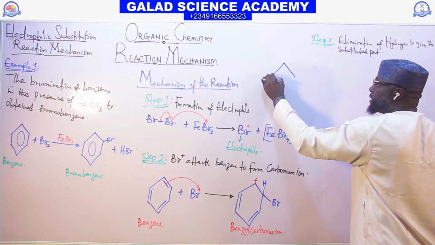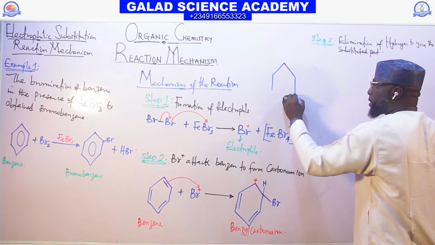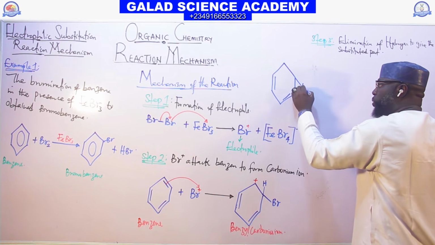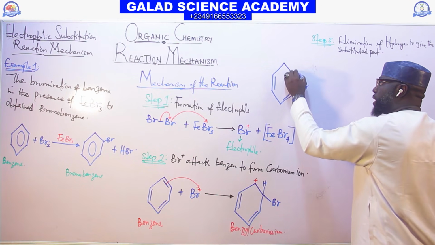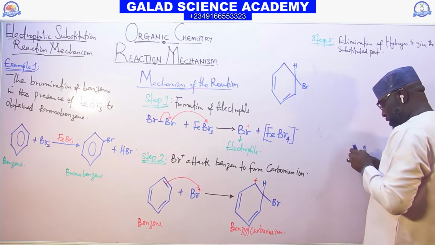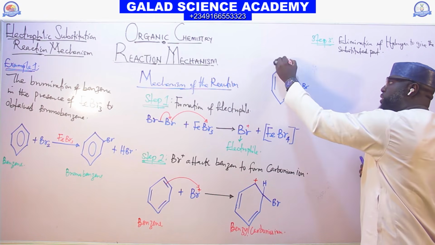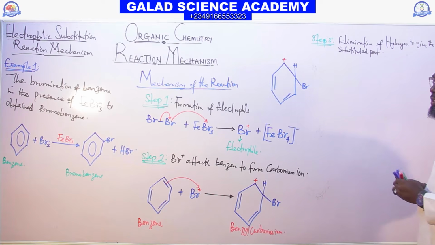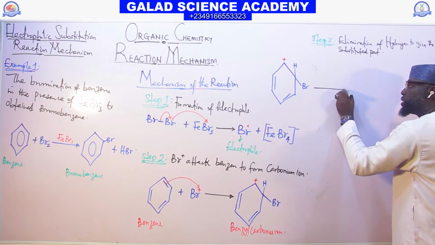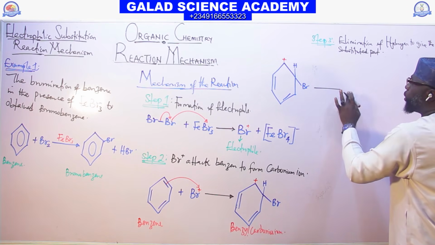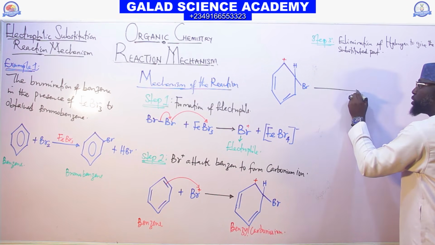We have benzene, here is bromine, here is hydrogen, and on top there is a positive charge. And note this arrow that leads to the formation of products.